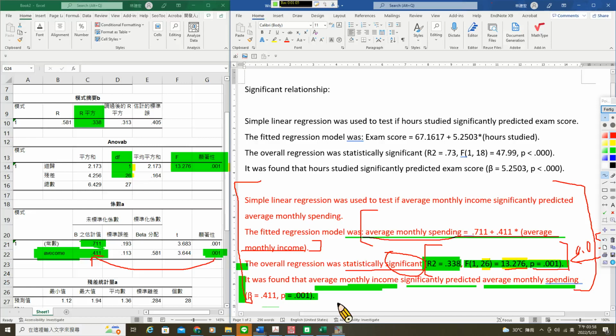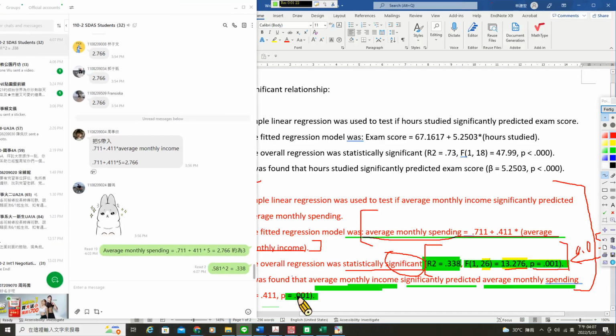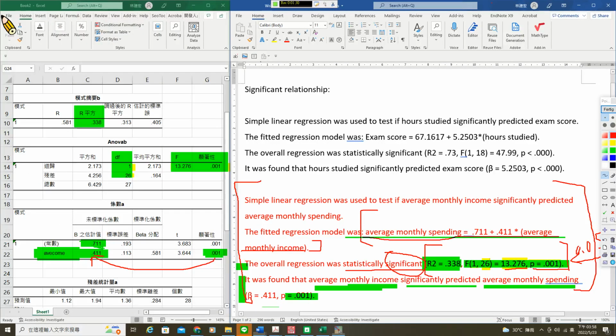Once you do this, you see that 0.58 times 0.58 is equal to 0.338. This is the number. So that's why we call it R square. Okay, so they are related.